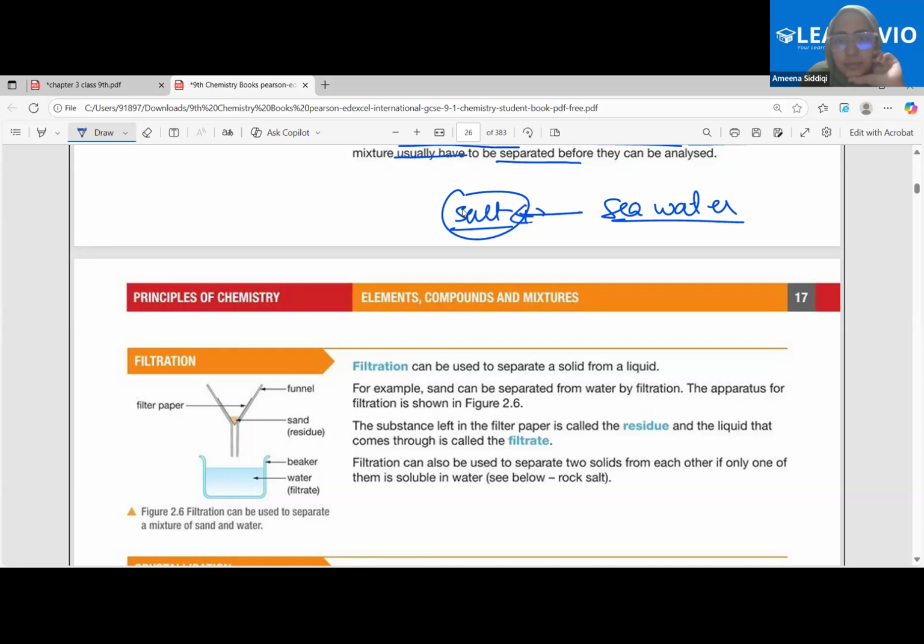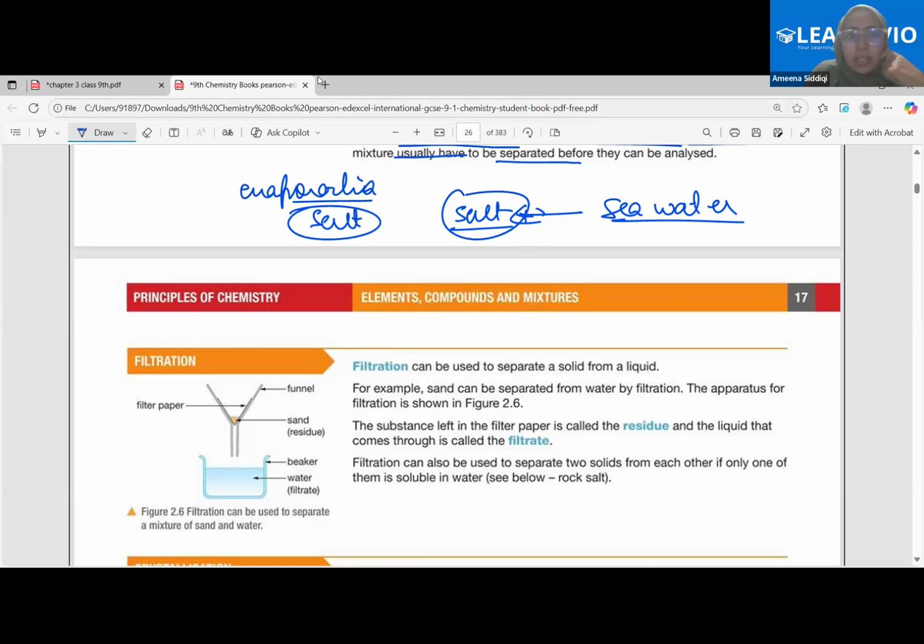If seawater is the source of salt, salt must be dissolved in the seawater, right? And we need some method to separate out that salt from that seawater. What is that method? Simple distillation. If I leave everything, can I go for simple evaporation? Water being liquid will evaporate out and only salt will be left behind. So this is one method.